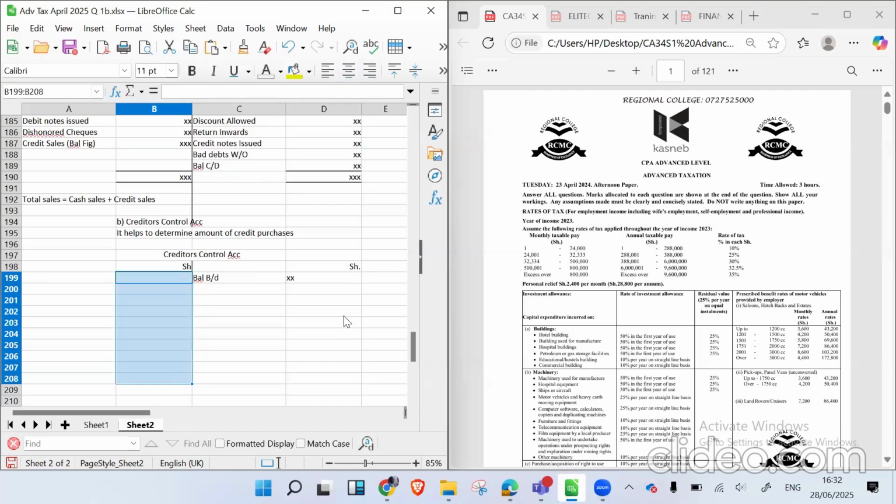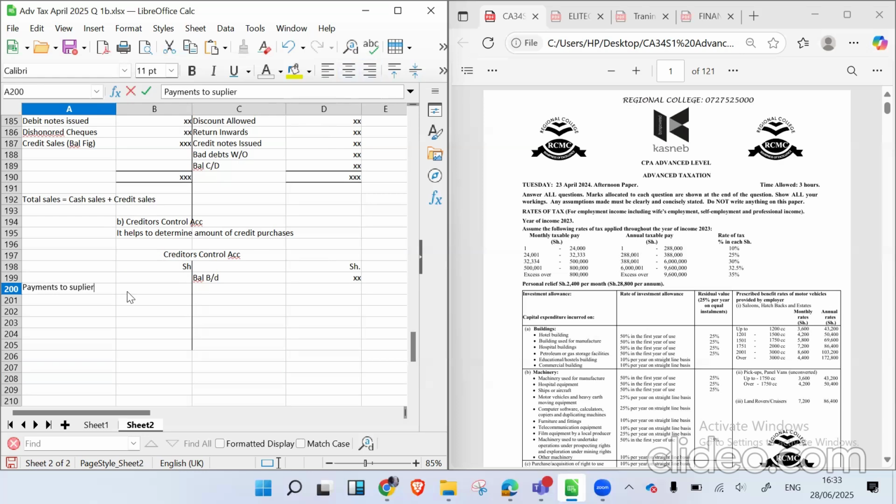So the balance brought down is a credit balance. This account will be reduced by payments to suppliers. So how much did we pay our suppliers?